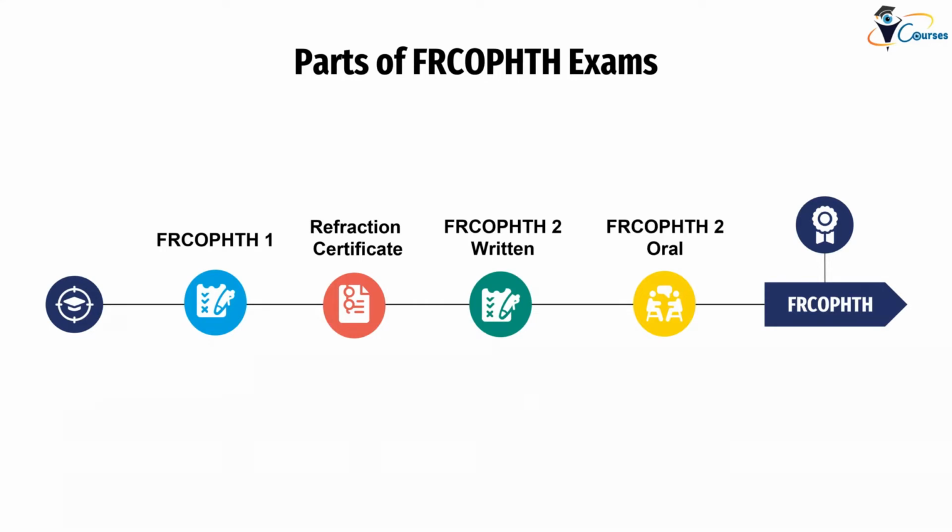A pass in the 4 exams is required to be entitled Fellow of the Royal College of Ophthalmologists. However, the order is not typically like that, because the order of these exams changed dramatically since last year. We are going to cover that in just a few minutes.